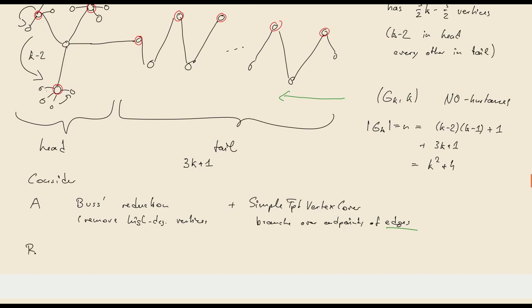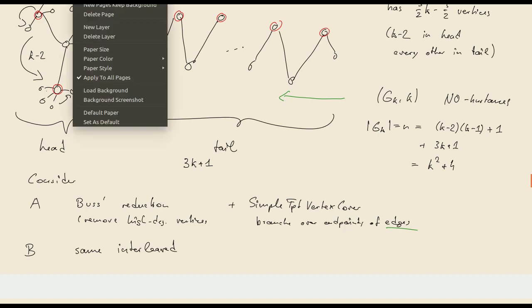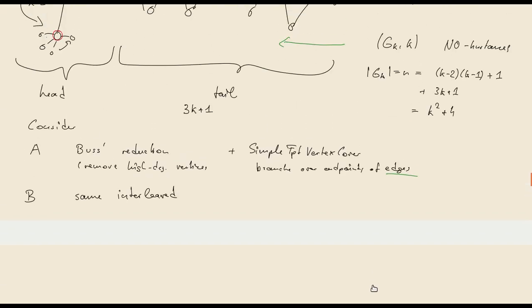So that's algorithm A. Algorithm B is the same, but interleaved. Whenever we did a step of branching, we reapply this reduction. Now let's see what happens.